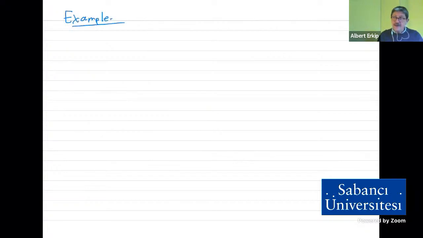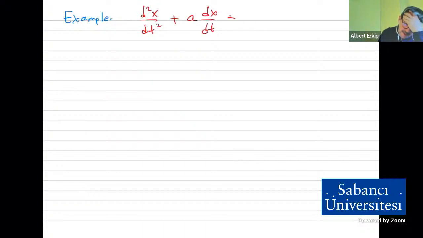Look at an equation like this: d squared x dt squared plus a times dx dt plus b times x equals 0.